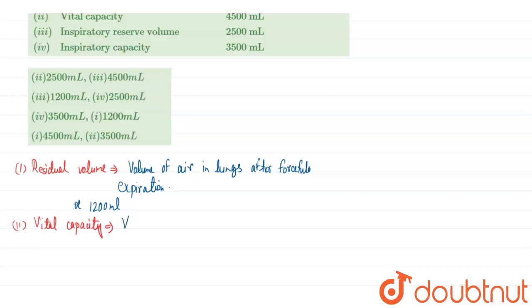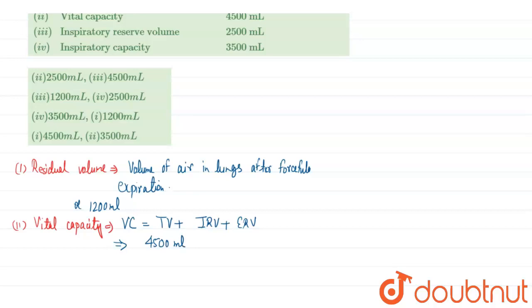We can calculate vital capacity as the tidal volume, which is the normal volume, plus the inspiratory reserve volume, which is the extra volume of air that can be inspired by forceful inspiration, plus the ERV, our expiratory reserve volume, which is the extra volume of air that can be expired by forceful expiration. So here the vital capacity will be 4500 ml.